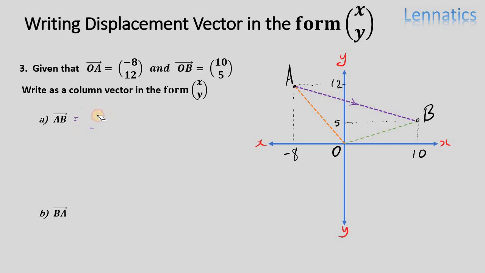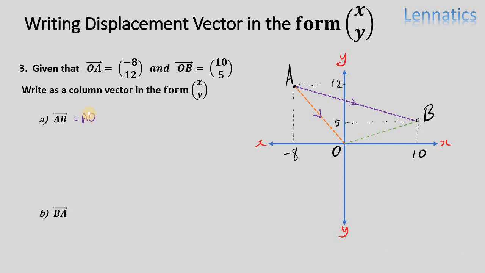But what if we weren't given the graph? How would we do that with just what we're given here? If you look at the graph though, to get from A to B, we can go from A to the origin as a transit point, and then from the origin we can go to B. The starting point is A. We go to the origin, so we'll be using vector AO.